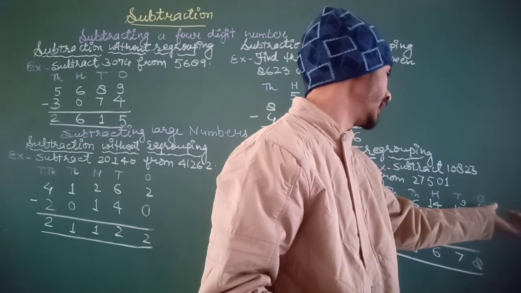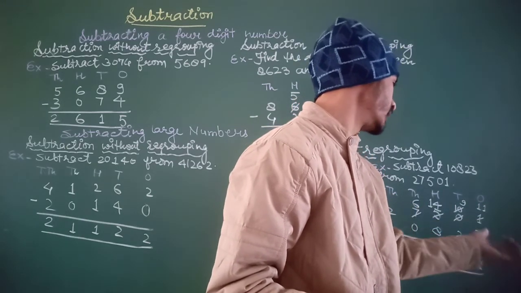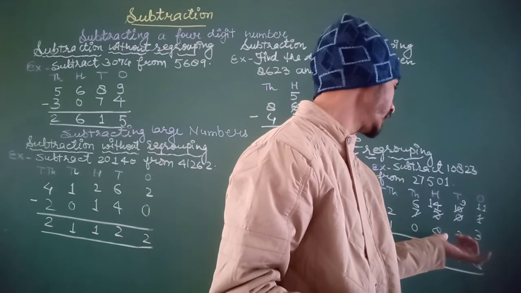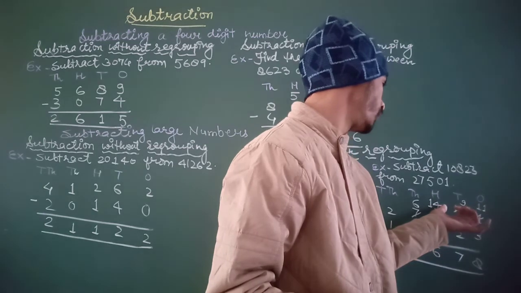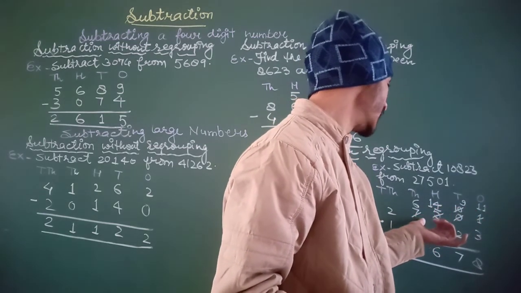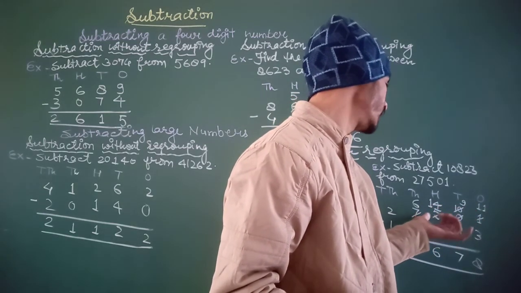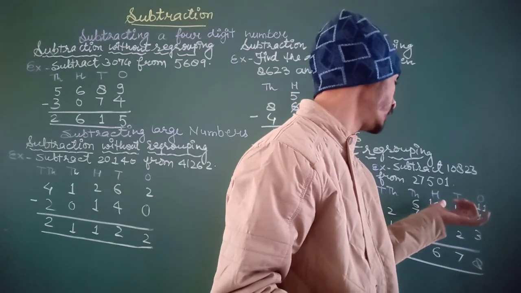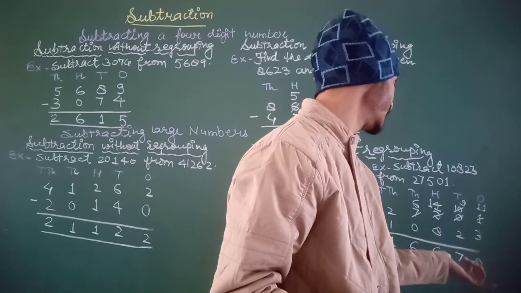Okay, so that is 11 ones minus 3 ones, that is 8 ones. And 9 tens minus 2 tens, that is 7 tens. And here 800 cannot be subtracted from 400. So regroup 7,400 into 6,000 and 1,400. And now 1,400 minus 800, that is 600.